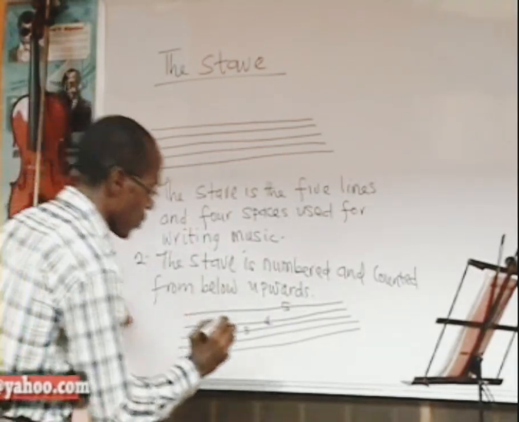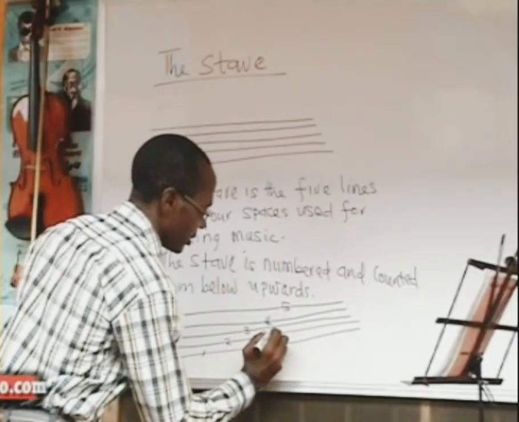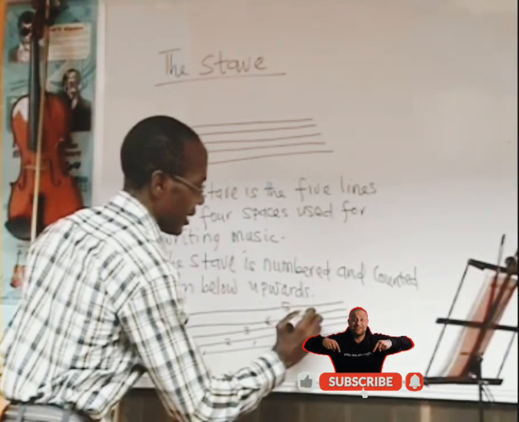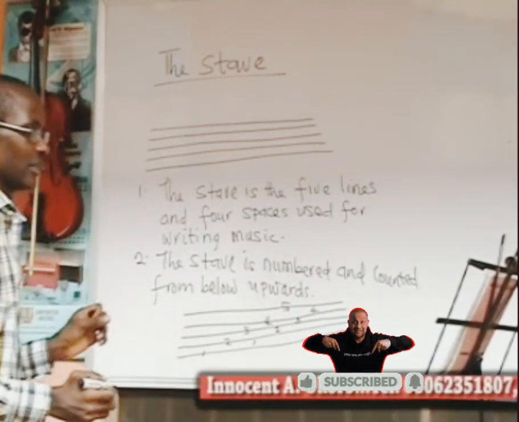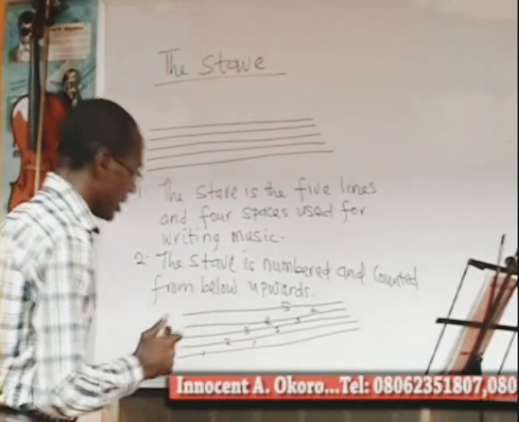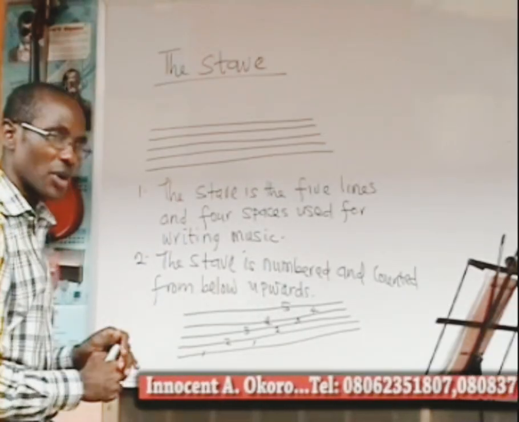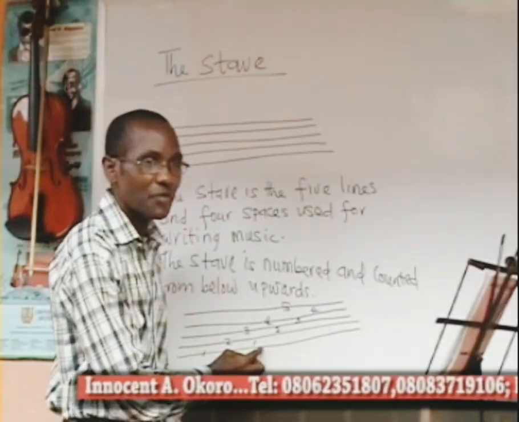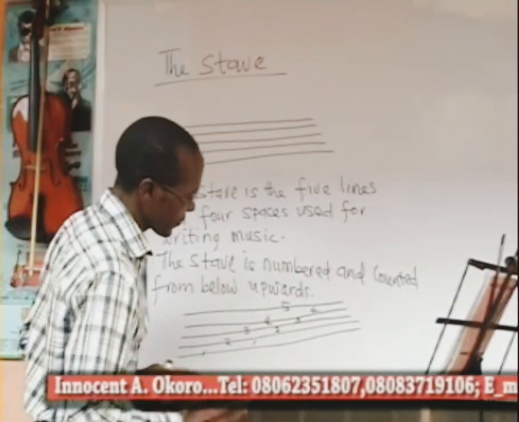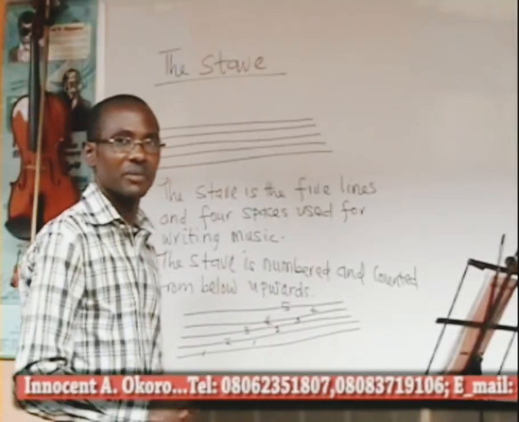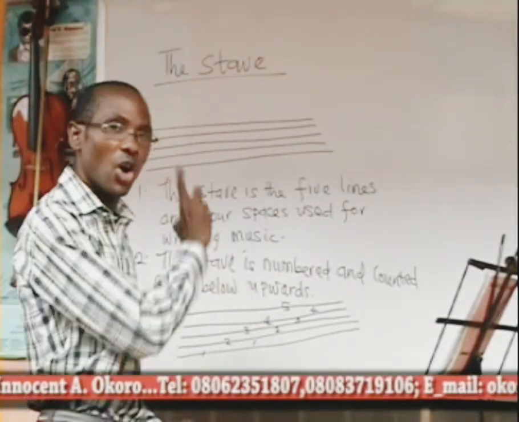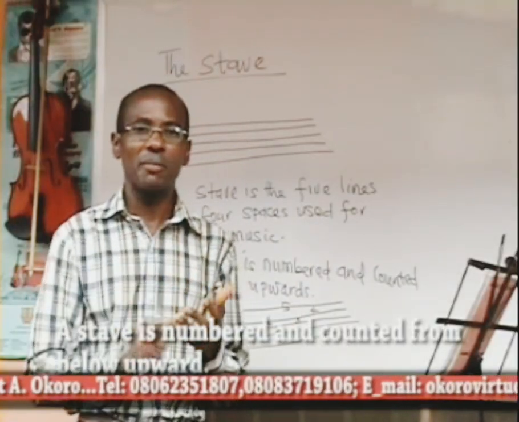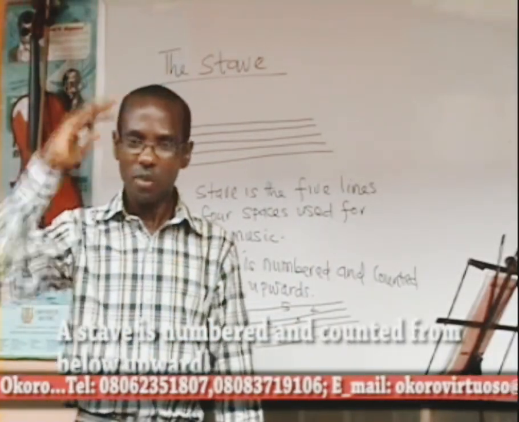This is the number 1 space, number 2 space, number 3 space, and number 4 space. You don't count this number 5 as number 1. You don't count this number 1 as number 5, because you are going from down upwards. You are counting from below upwards. And so you need to know that the stave is numbered and counted from below upwards.